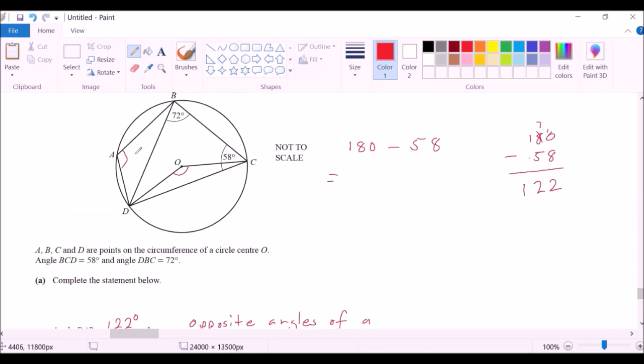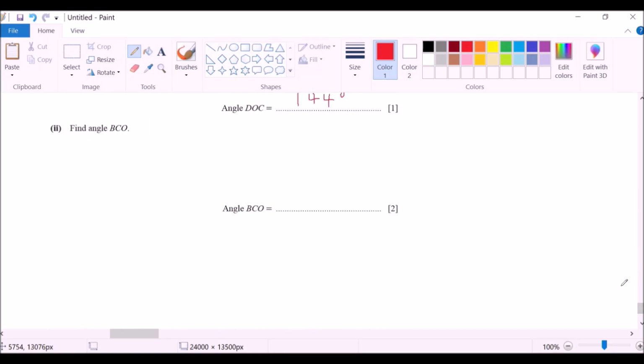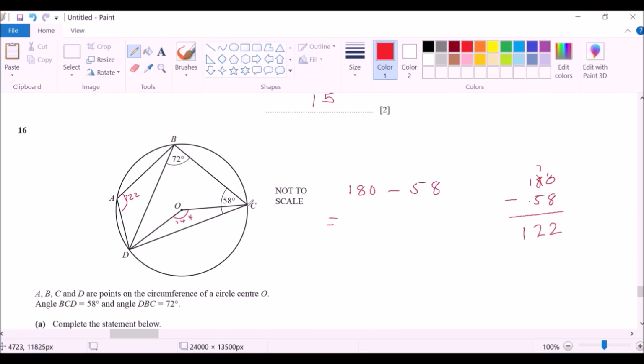So we have 122 here, 144. Find angle BCO. BCO, which is this angle here. We can find OCD.